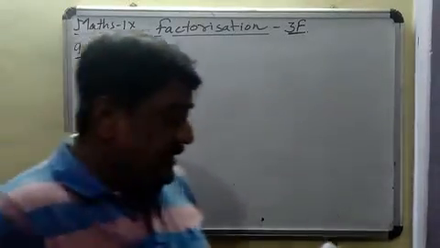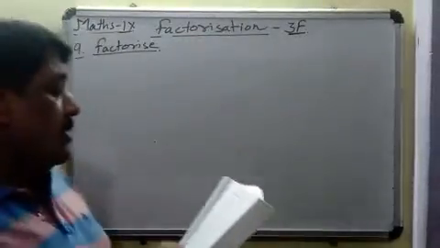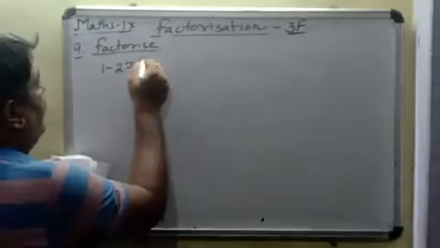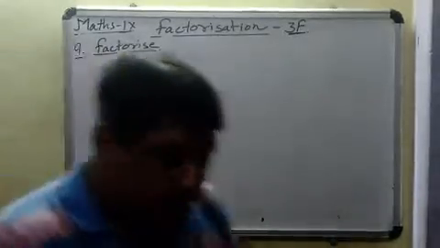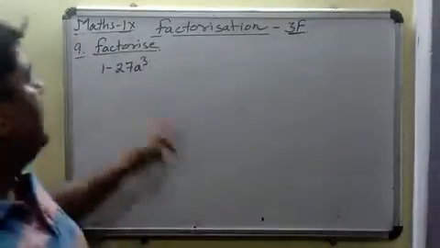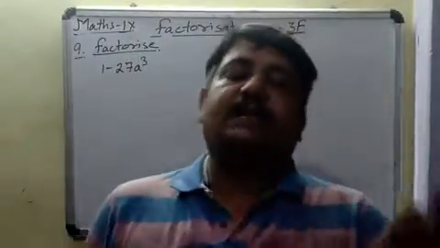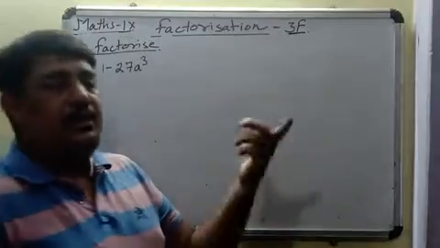Question number 9 is saying 1 minus 27a cube. See, it is quite simple because we are given 1. It is already a perfect cube number. 1 cube will also have its value equal to 1.